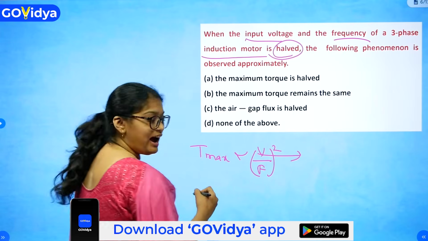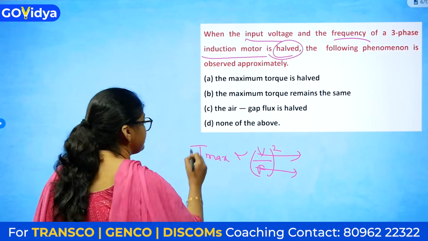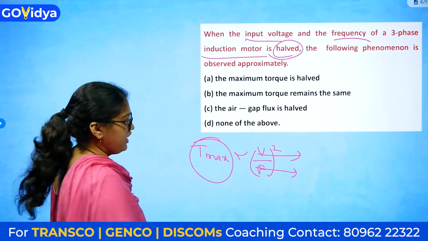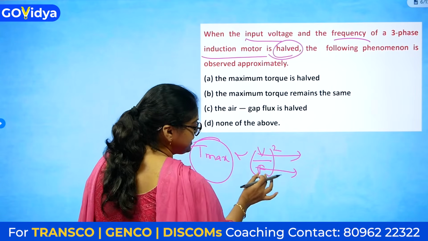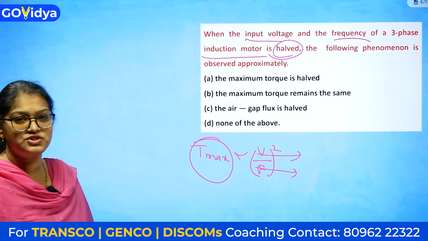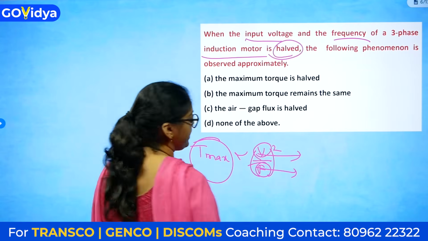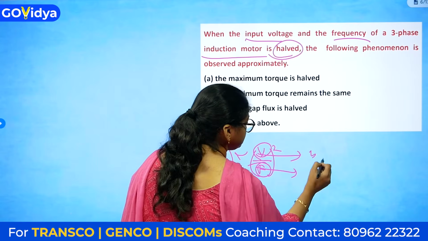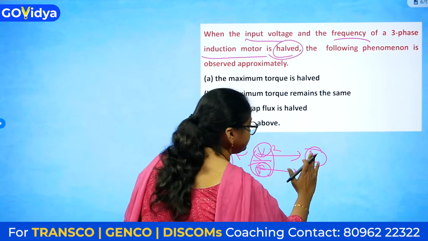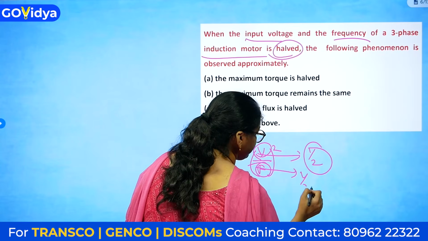If the voltage is half and frequency is also half, definitely the T max will be constant. If one of the parameter is half and other doesn't change, then T max will obviously change, it will vary. But both the parameters, the voltage and the frequency, are changing with half, and this is also half.